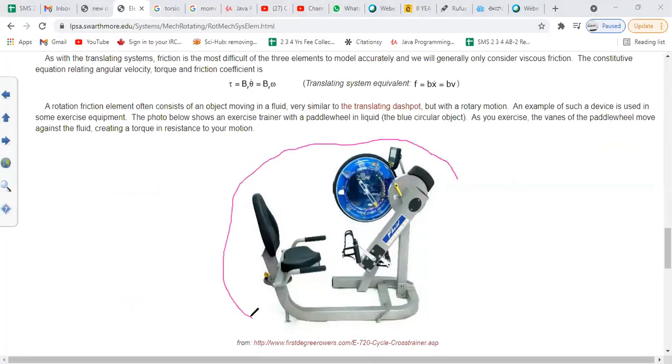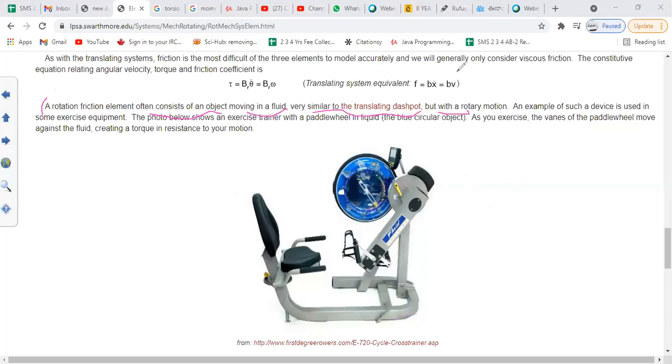This is some exercise equipment which has rotational motion. So if you observe, a rotational friction element often consists of an object moving in a fluid, very similar to a translating dashpot, but with a rotatory motion, right? An example of such a device is used in some exercise equipment.